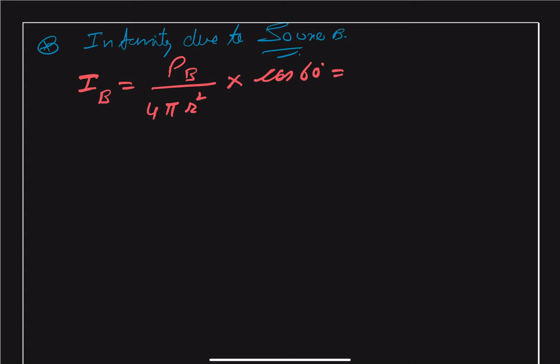So therefore, we know 180 divided by 4 pi, and r is 1.5 whole square, and this comes as 1/2. So this comes as 10 upon pi watt per meter square.